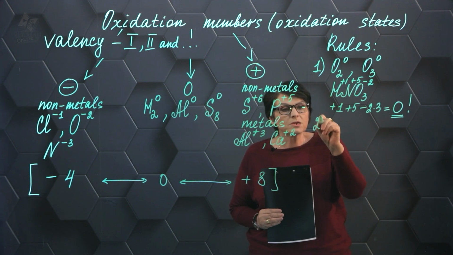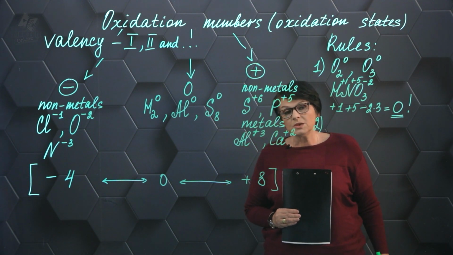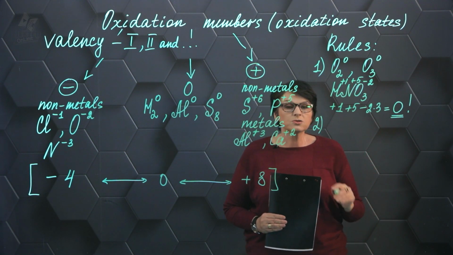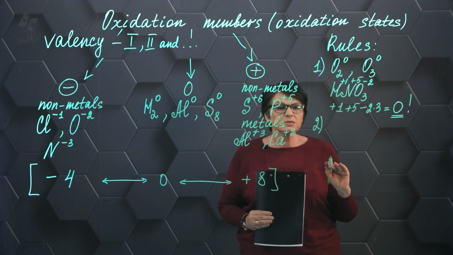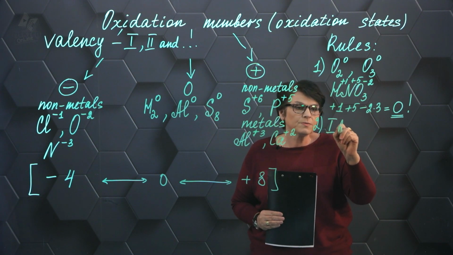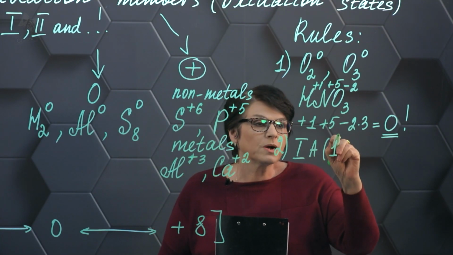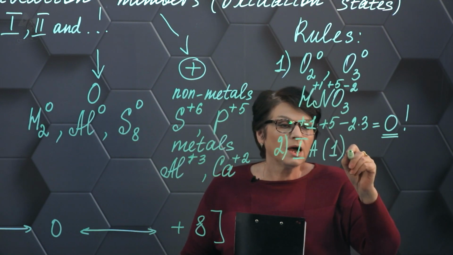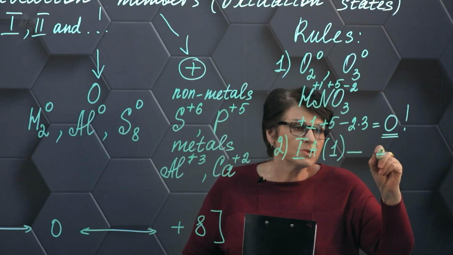Now, the second point, there are some elements in groups that have a strictly constant oxidation state, like the elements of the first A group, or group number 1. It always has an oxidation state of +1, like sodium +1.